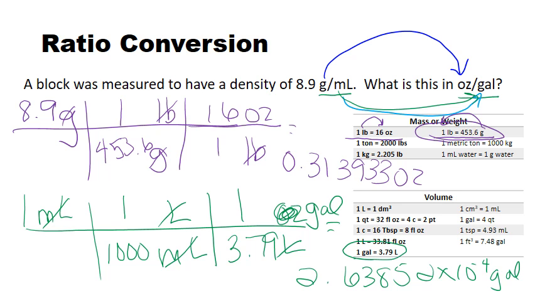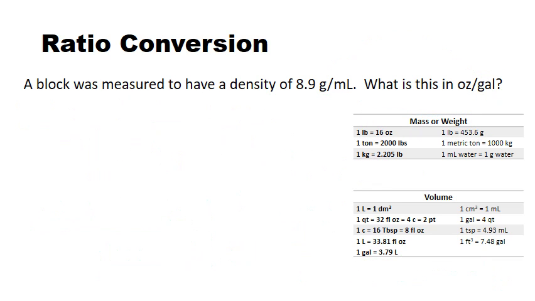So that's not my final answer because obviously I need to get into the unit of ounces per gallon. So what I'm going to do is divide those two numbers by each other. For the first one, I ended up with 0.313933 ounces.